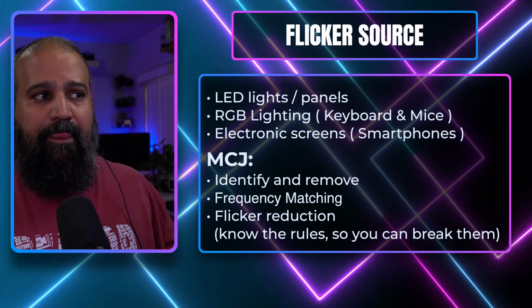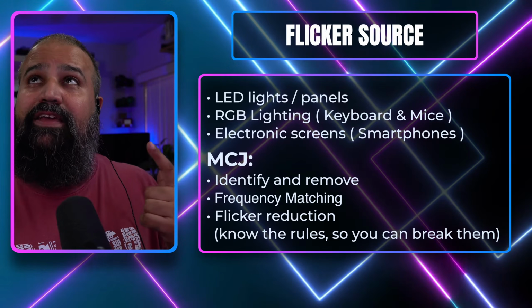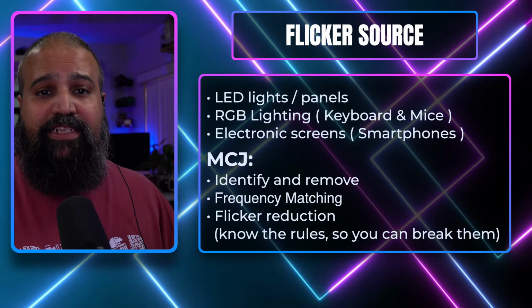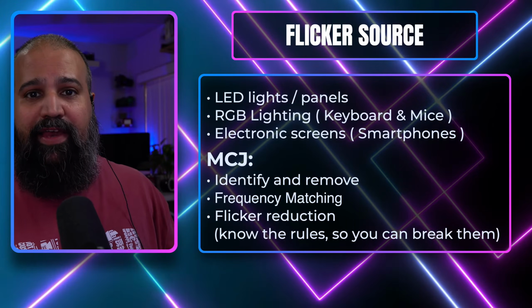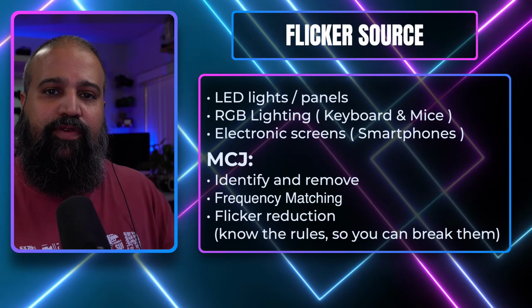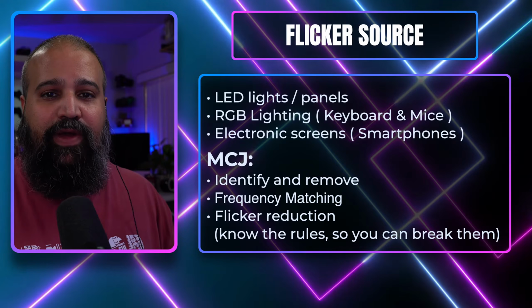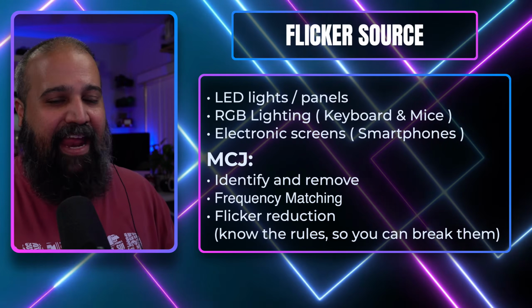Now, flicker reduction has to do with exactly the same thing. It's like frequency matching, but one way that I tend to do it as well is I shoot at 30 frames per second. So instead of having it at 1/50th of a second, I actually just slow it down a tad, and I really do mean a tad.